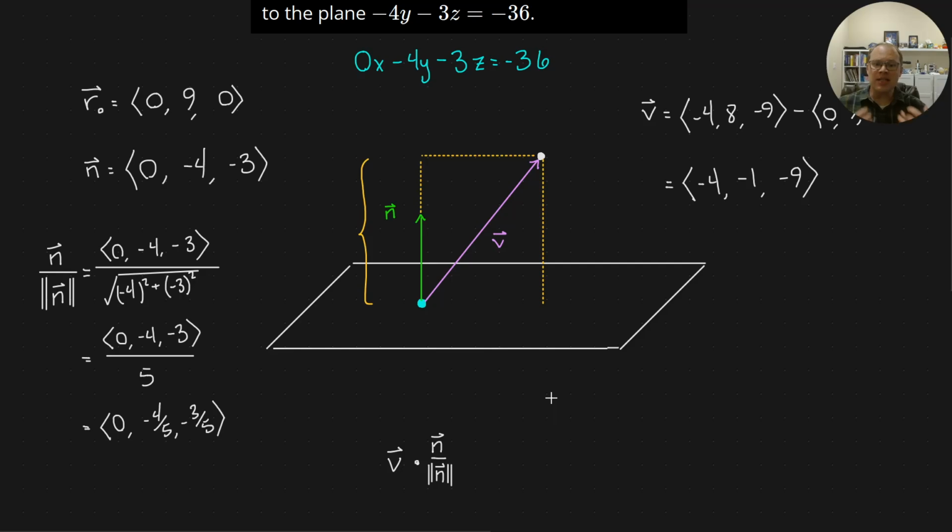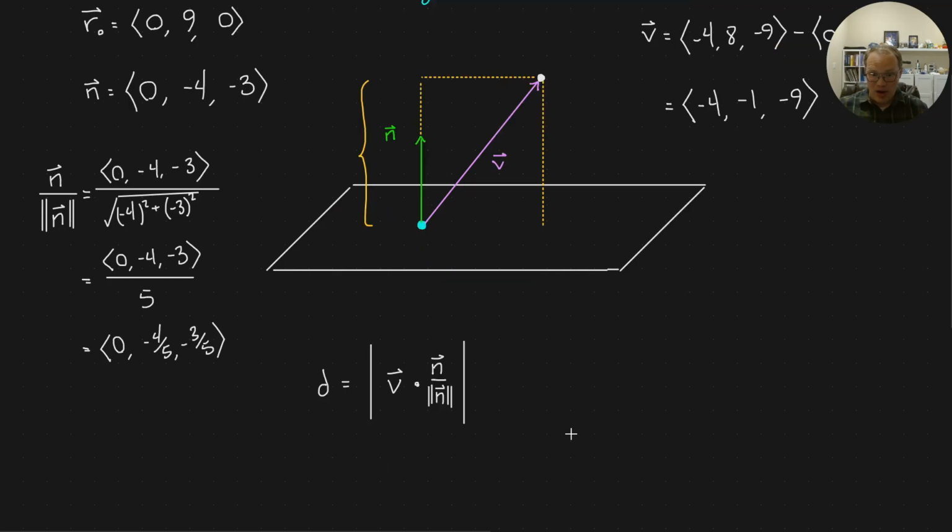In this case, we really just care about the length, not whether it's moving in the same direction as this normal vector or in the opposite direction. So because we just care about the length, we're going to take the absolute value so we don't have to worry about the sign. This is the formula for the distance from the plane to the point. So now I just have to take a dot product and take the absolute value of it.